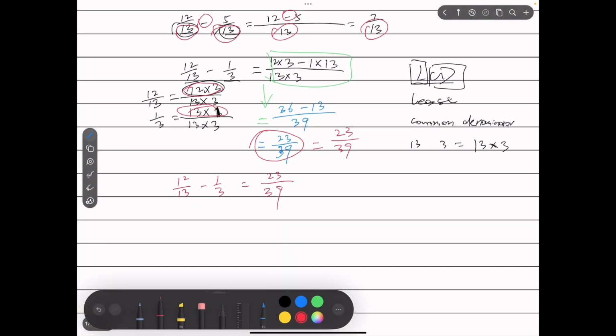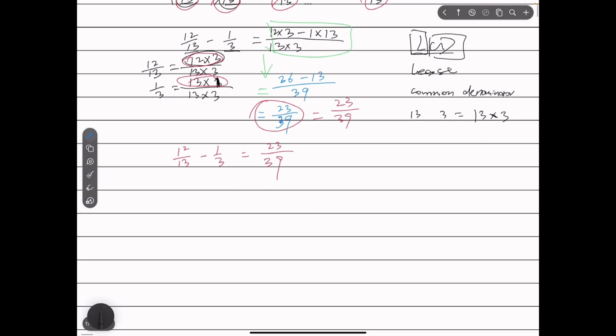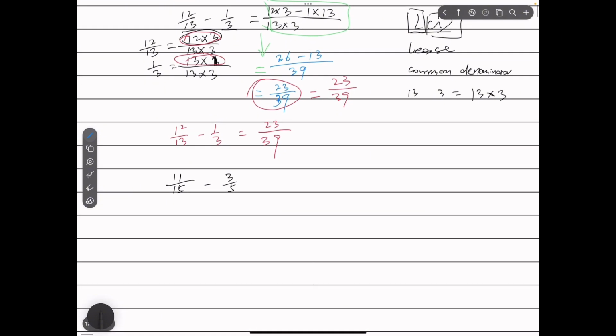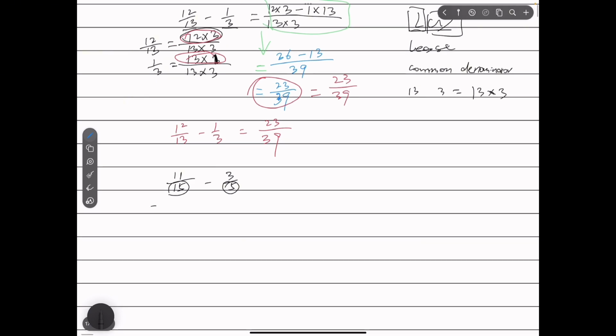Let's do another example. Let's say 11 over 15 minus 3 over 5. Okay, they have different denominators. We need to find the common denominator for 5 and 15.